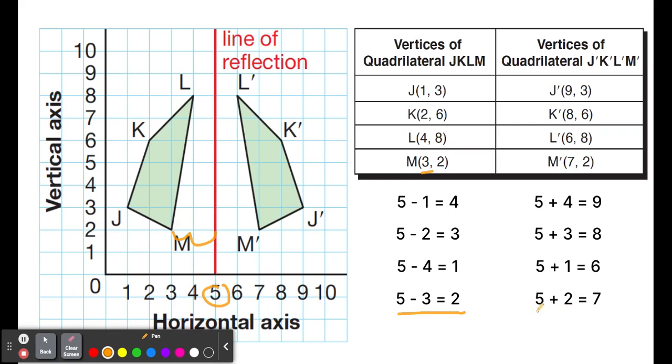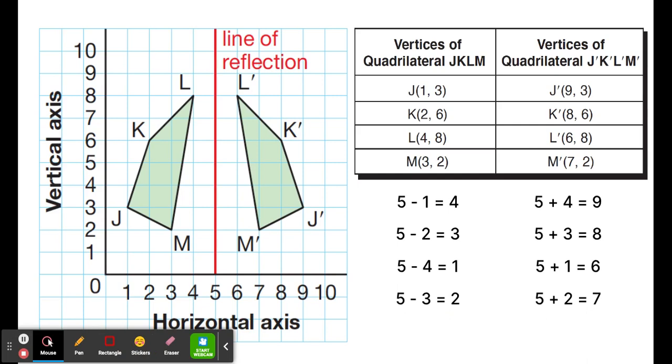Then to find the point M prime, we start at the line of reflection, 5. We add 2 because we know that M prime has to be 2 units away because it has to be the same distance away from the line of reflection as its original. 5 plus 2 equals 7, and 7 is the new x-axis value for vertex M prime.